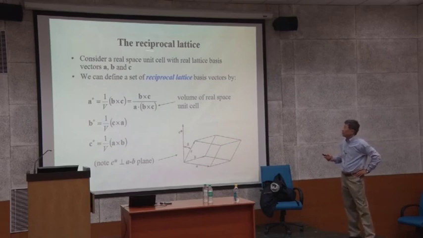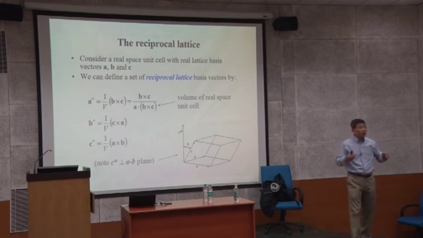So let's consider a real-space unit cell like this. You have vectors, A vector, B vector, and C vector, which describe your real-space unit cell.